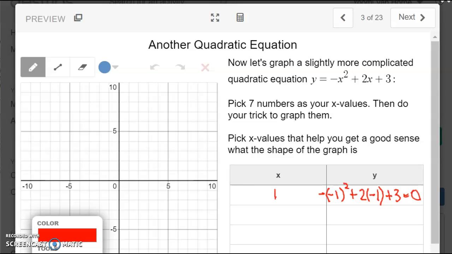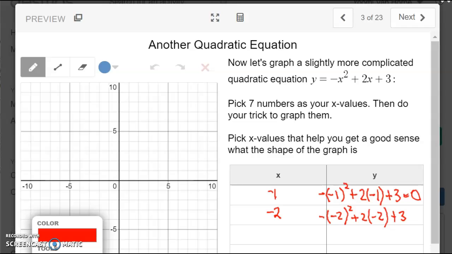Okay, what about when x is equal to 2? Okay, this time it's going to be, oh, that was negative 1. Okay, let's try negative 2. Negative of negative 2 squared plus 2 times negative 2 plus 3.